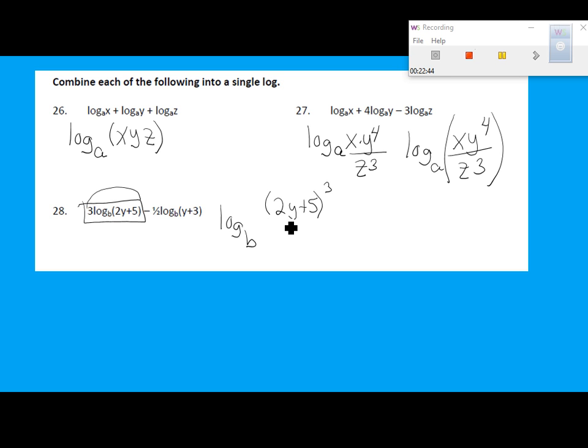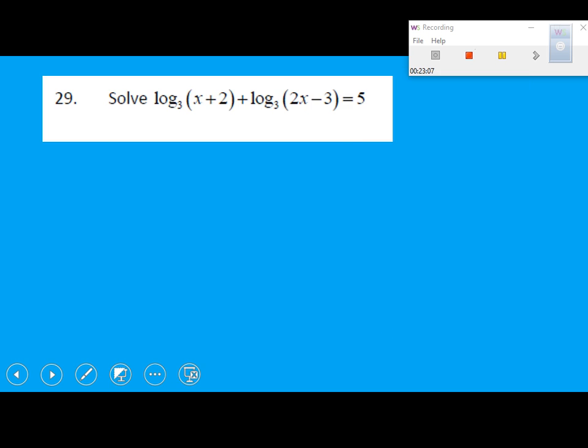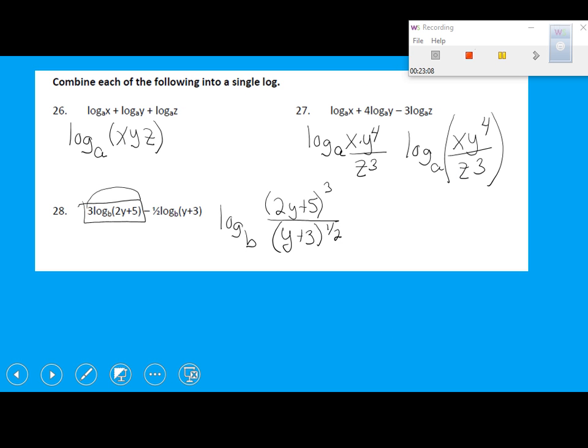The minus tells me division's coming up. Y plus 3 to the 1/2, or square rooted. So there it is as a single logarithm. A little bit more if you need there.